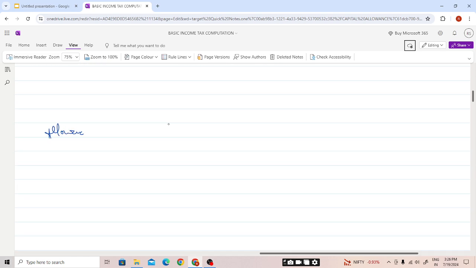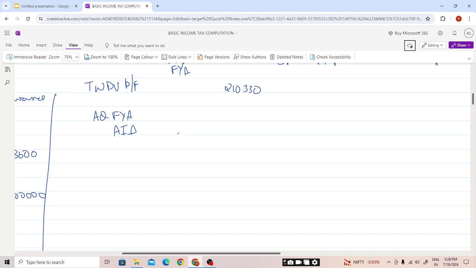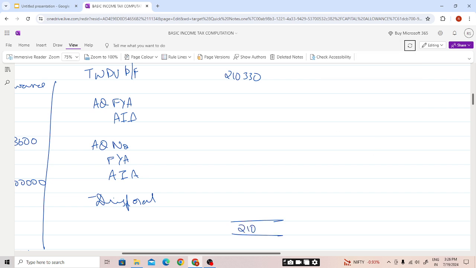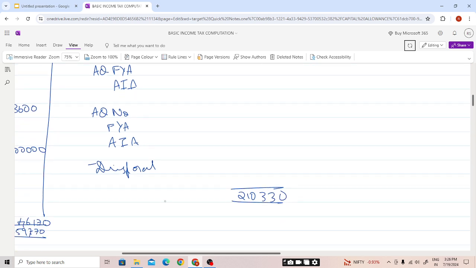So no additions. Additions not qualifying for FYA and AIA, nothing is there. Any disposal? No disposal, students. So after this we'll get the value of the pool, and on this pool we'll calculate the WDA at 18% as it is main pool.